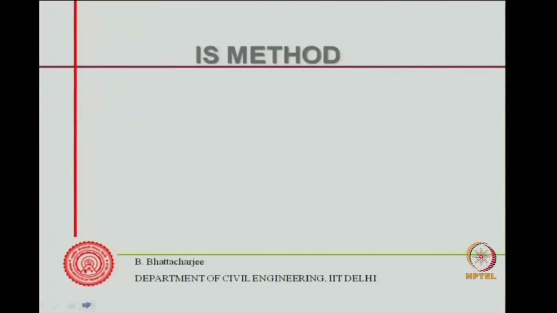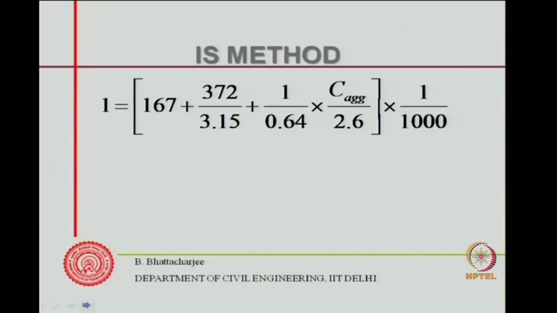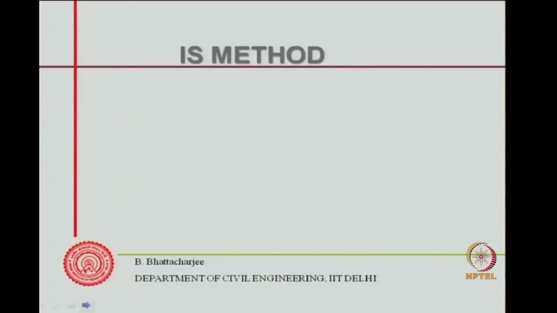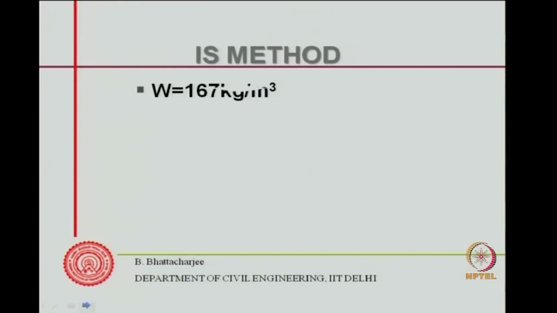Now, coarse aggregate I can calculate from the same formula, only thing it will be coarse aggregate divided by 0.64, and the specific gravity of coarse aggregate is 2.6. On that basis I get coarse aggregate equals 1190. So, my control mix without super plasticizer and without fly ash or anything, I may not say this is a control mix.